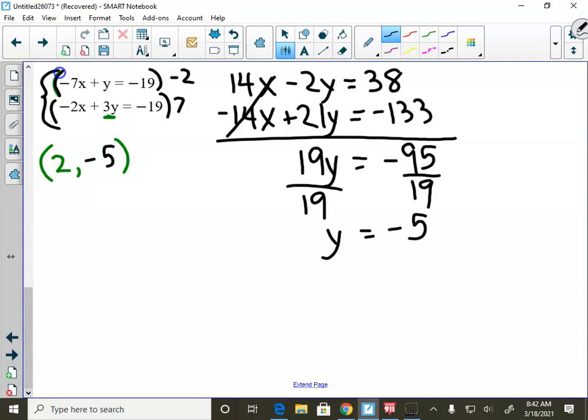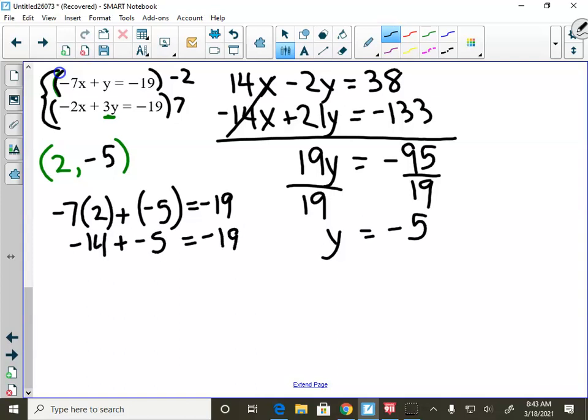Now, we didn't do this on the first one, but if you want to check this, a very simple way to check it: you substitute 2, negative 5 into both of the equations. So if I did it for the first equation, I would have negative 7 times 2 plus negative 5 should equal negative 19. And that gives me negative 14 plus negative 5 is negative 19, which is negative 19. So that works.